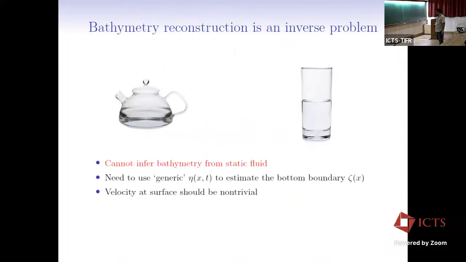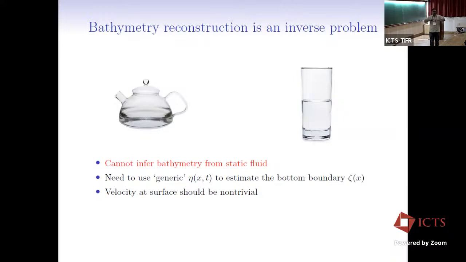All right. I'm going to give you two hand-wavy arguments as to why this problem is hard, and then I'll put a mathematical formulation and get those two difficulties back again in a mathematical framework. First thing that the problem is hard, if you just have a flat surface, you won't be able to tell just by looking at the surface whether the water is in this teapot or in this jar.